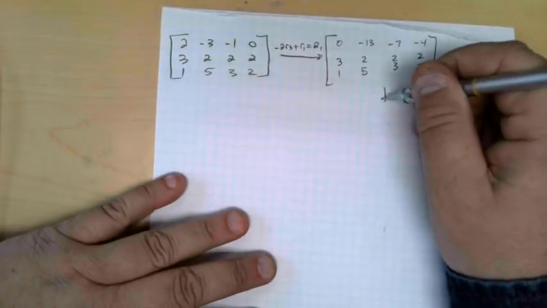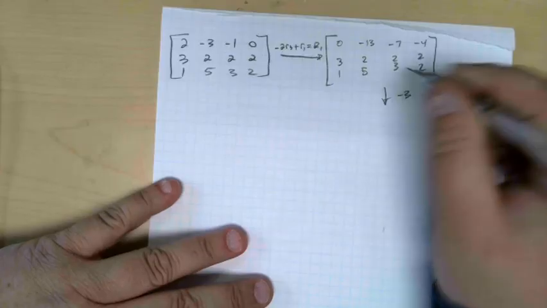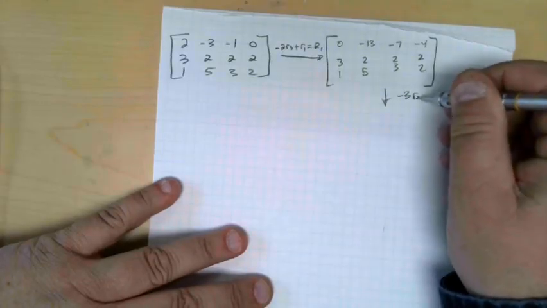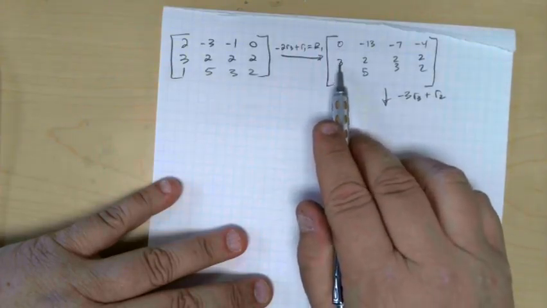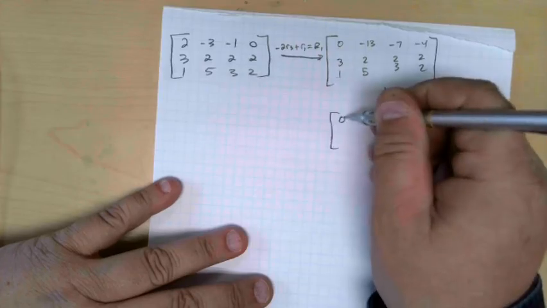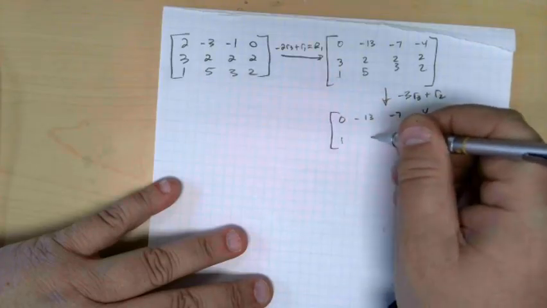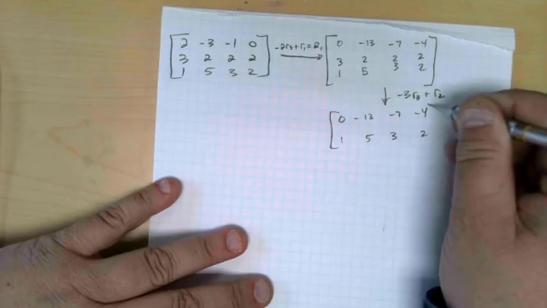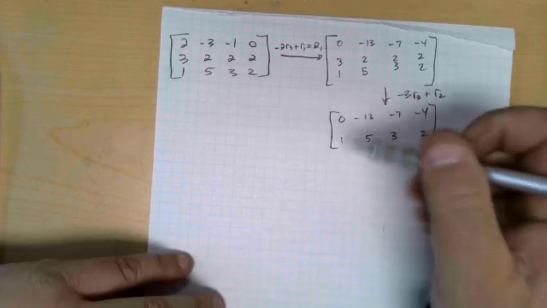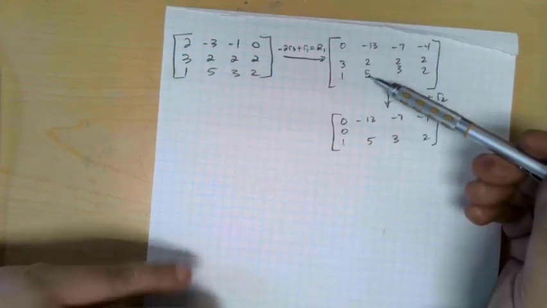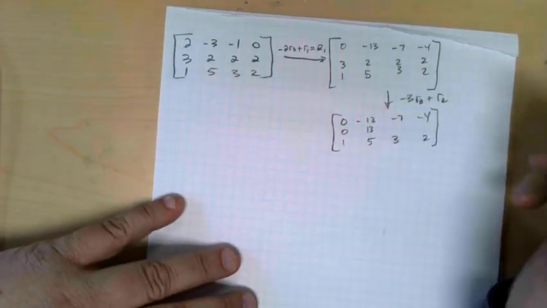And I'm thinking, you know what? I could do the same thing, except I could multiply -3 times that and add it to that. So -3 times that third row, and I'll add it to the second row, because -3 times 1 is -3, plus 3 is 0. So let's look at this. -3 times 5 is -15. -15 plus 2 is -13.